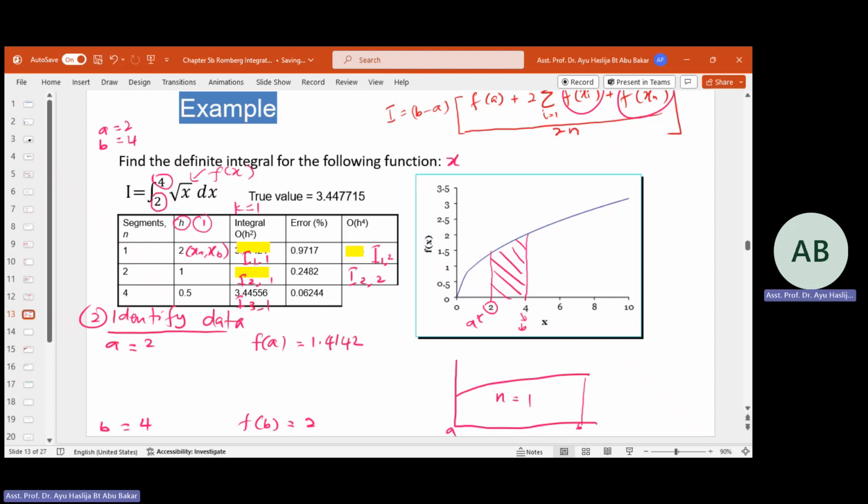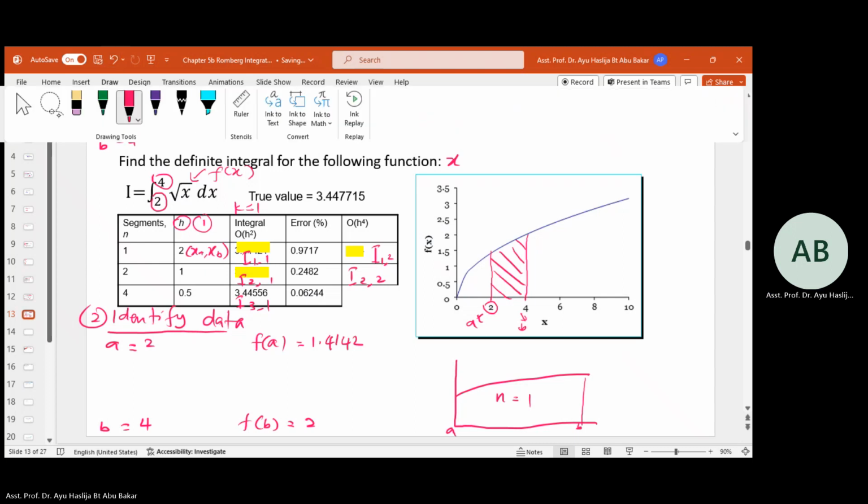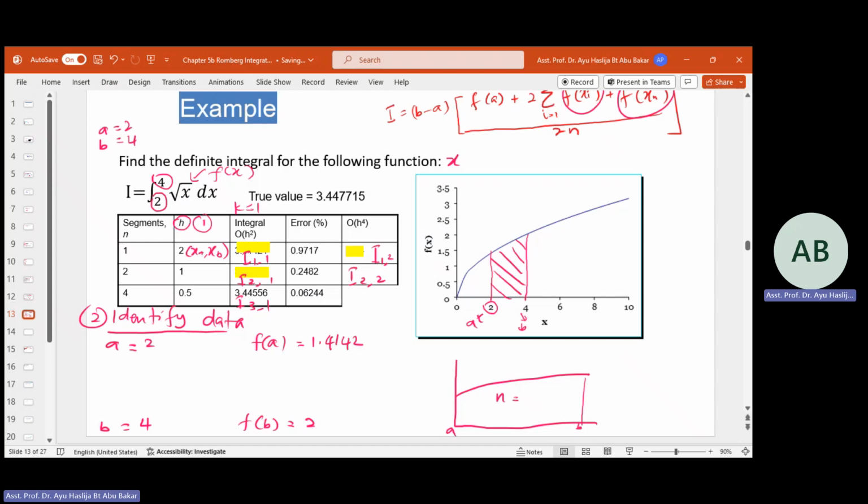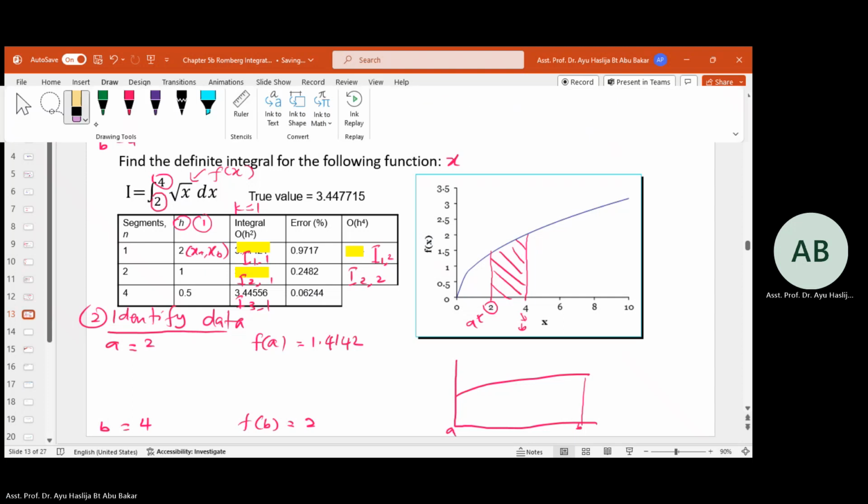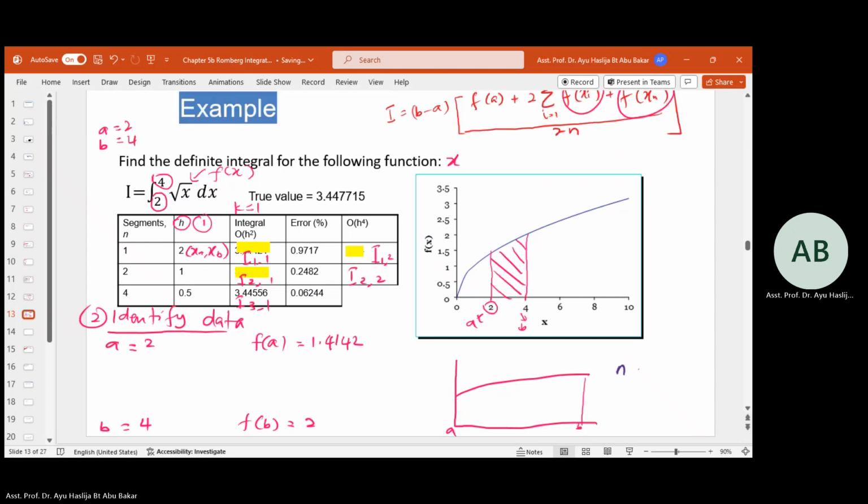Okay, this one is n equals 1. Now, when we increase the n, n equals 2. h equals 1. For n equals 2, how many data points do you need? 3, right? So 3 points.